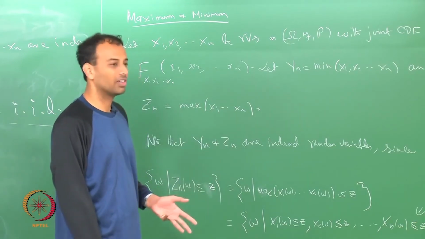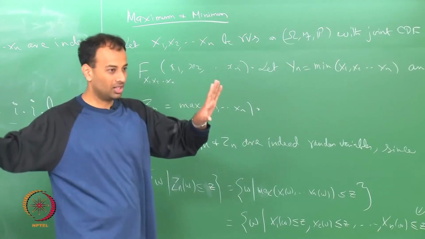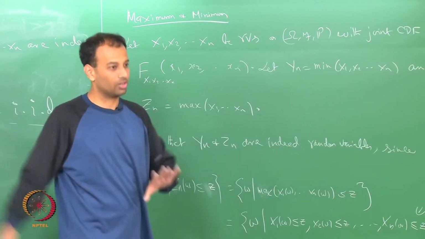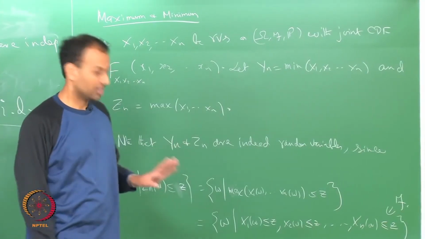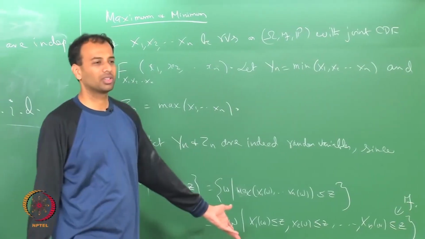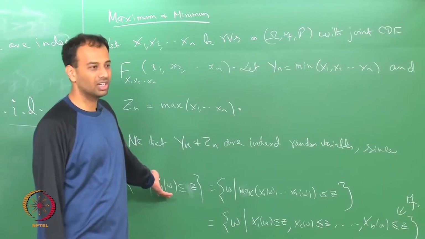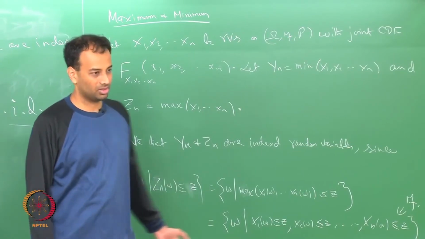You can prove it whichever way you want, whether you want to prove that f is Borel from R to R, that is fine, or if you want to prove that pre-images of all Borel sets are F-measurable, that is also fine. Here we proved that pre-images of semi-infinite intervals are F-measurable, that is enough.